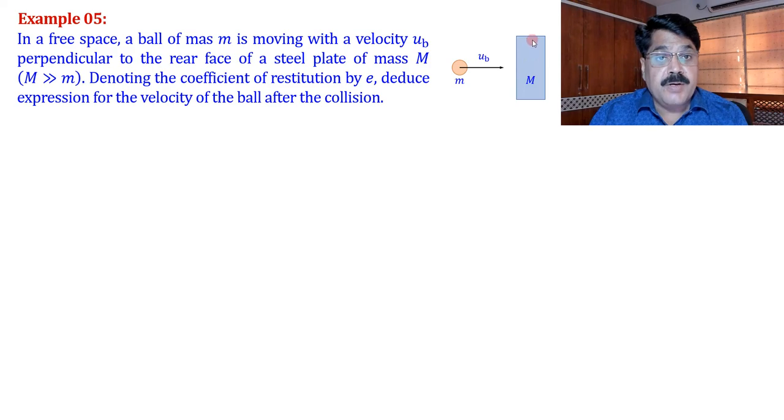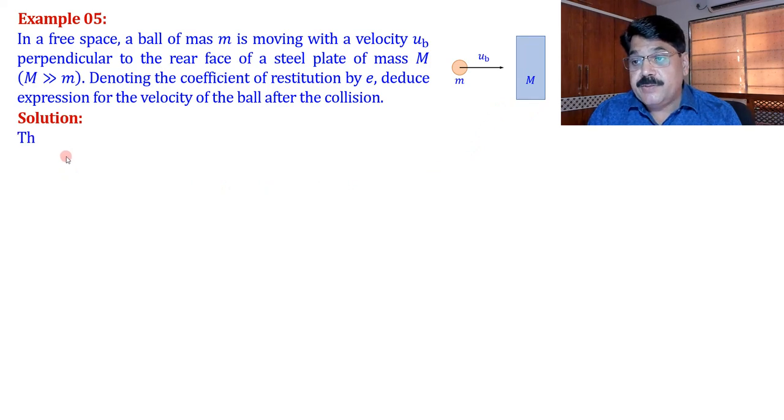The impulse received by the plate is the same, so the change in momentum of the plate will be the same as that of the ball. But if you divide the impulse by the mass of the plate, which is infinite, the change in velocity of the plate will be negligible as compared to the change in velocity of the ball. So what do we assume? During the collision, the plate remains almost immobile.